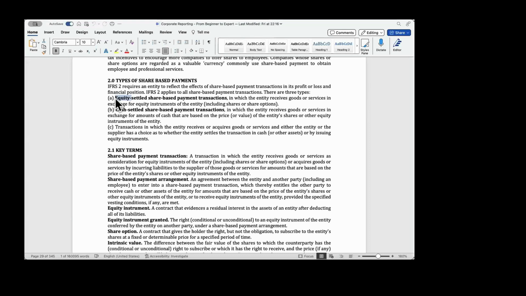So at the end of every year, we'll look at that and multiply it by the number of share options. For equity settled, we'll multiply it by the fair value of that share option at the grant date for each year. But for cash settled, we usually multiply it by the fair value of the option or the share appreciation rights, depending on the instrument, at the end of each reporting period.